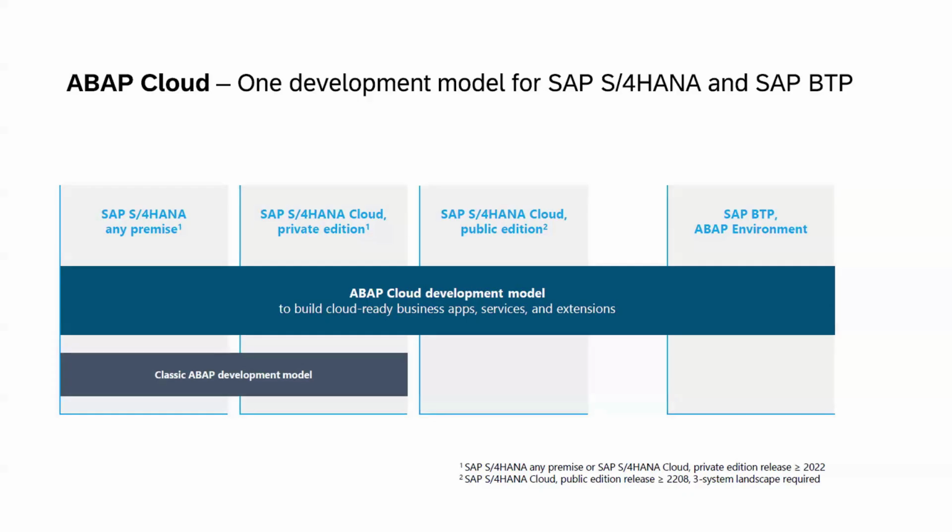Coming to RAP, RAP is the architecture which is used whether it's S/4HANA public cloud, private cloud, or on-premise. Even if you want to use it on-premise, you will be able to use RAP as a single development model.